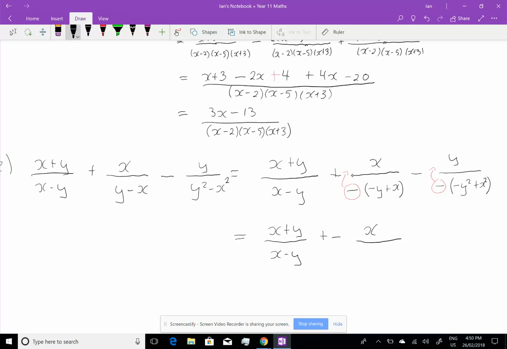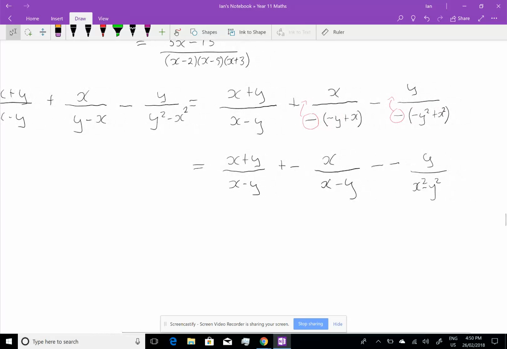Now on the bottom, these two things are atoms, so I'm going to write them as x plus y, x minus y. I'm going to get minus minus. And on the bottom, I'm going to get x squared minus y squared. Told you they were being tricky. This is way too tricky.